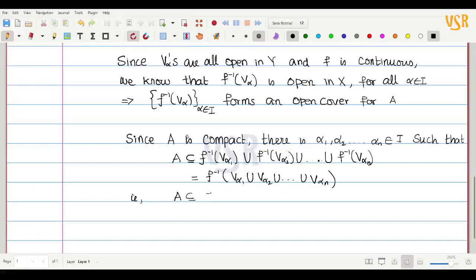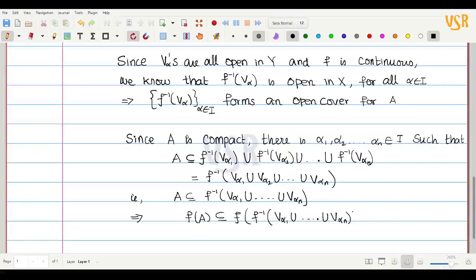So f inverse of v alpha 1 union v alpha n, A is inside this union. This implies that f of A is a subset of f of f inverse of v alpha 1 union dot dot dot union v alpha n.